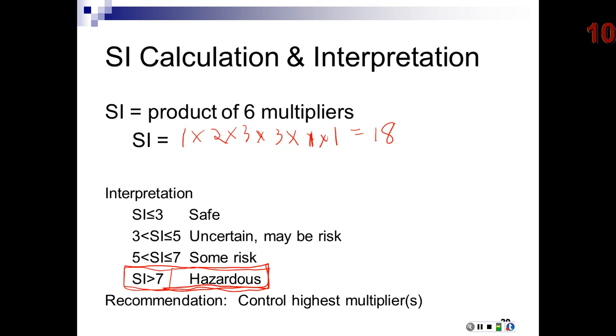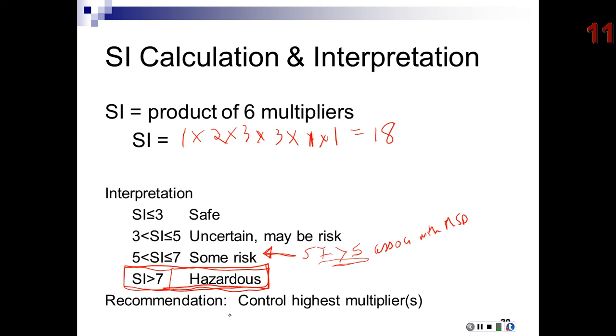Studies have shown that at a strain index higher than 5, it was associated with MSDs. Below a level of 5, it's uncertain. There might be risk, but starting at 5, they definitely did see MSD association.